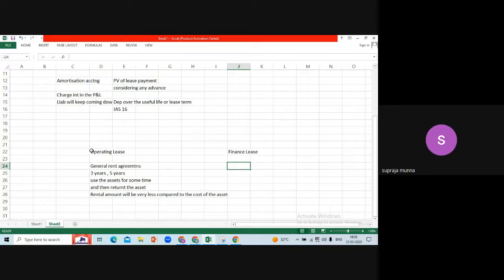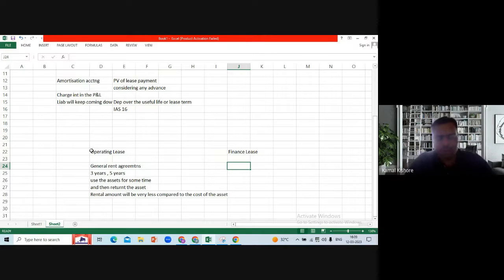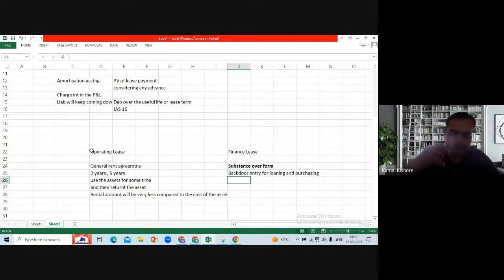The finance lease is more of a substance over form. Have you heard of this substance over form? It was a backdoor entry basically, for loaning and purchasing. If I take a loan and buy the asset, I would have shown a loan, and then the asset.